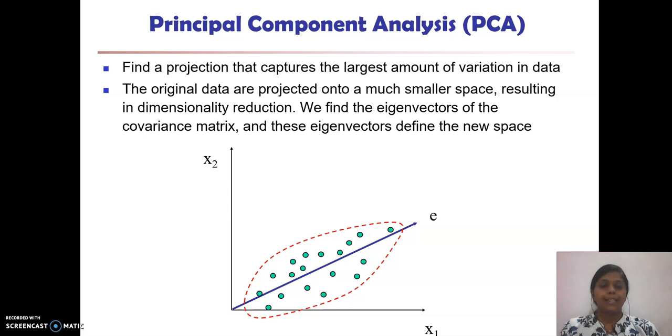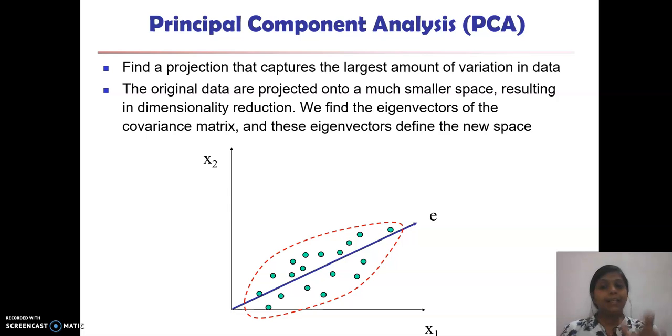So here it is like this. We have our original data set. This original data is projected into a new coordinate system where the dimensionality is reduced. This is the basic principle of principal component analysis.